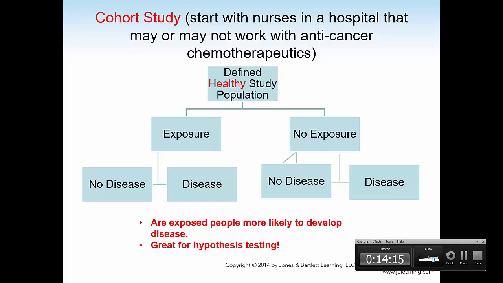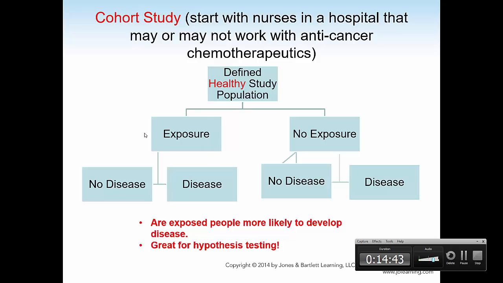Let's say someone had a hypothesis that nurses who are exposed to anti-cancer chemotherapeutics would themselves develop cancer because those drugs are carcinogenic. So they would start in the 80s and follow this cohort of nurses over the decades.